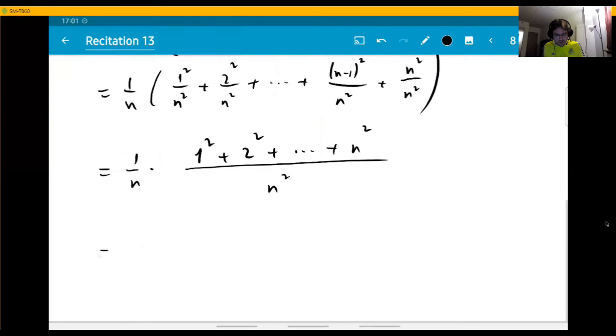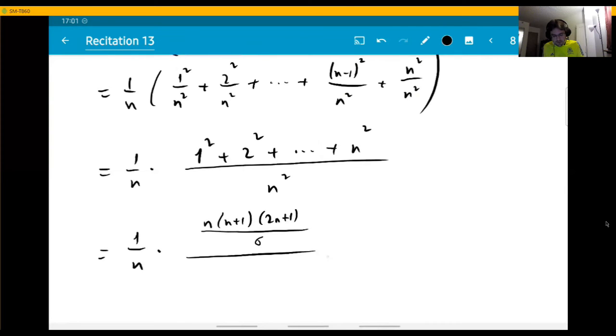Now is the time when you can use the expression that they gave you. This sum of squares is always equal to n times n plus 1 times 2n plus 1, over 6. And once again, let's do all of our simplifications. Cut this n with that n, and leave just a denominator of 6n squared.